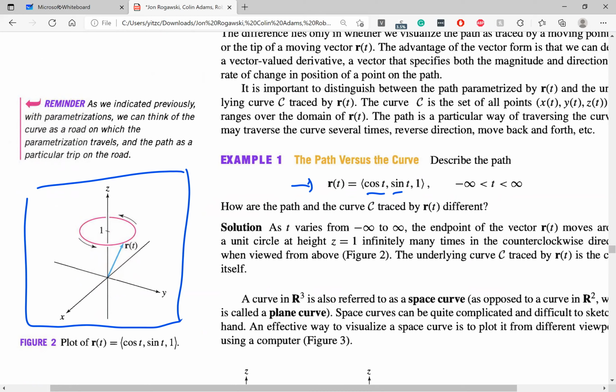Because you satisfy that equation, you must be on a circle, and you're at height 1. So that's this circle over here, and that's the curve that this R of t traces out. Any question? Okay.